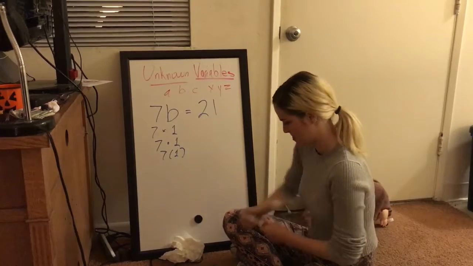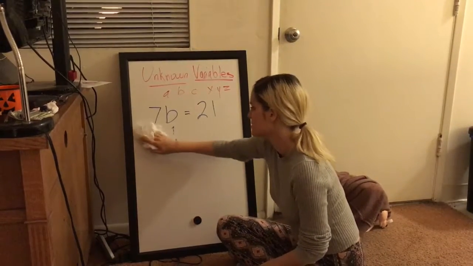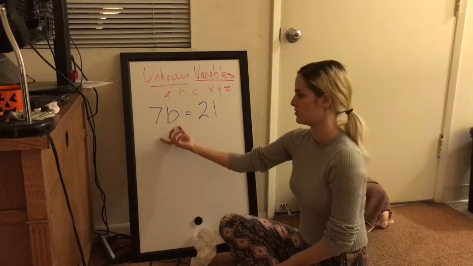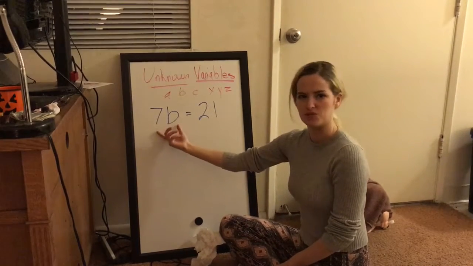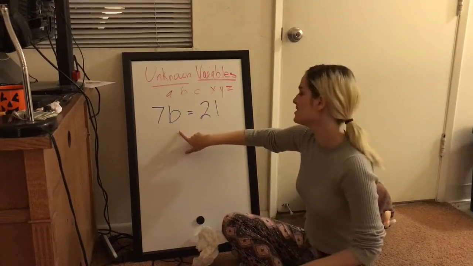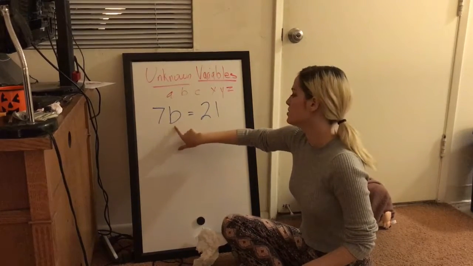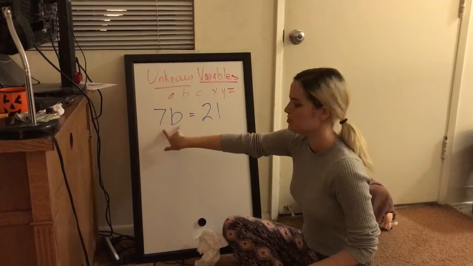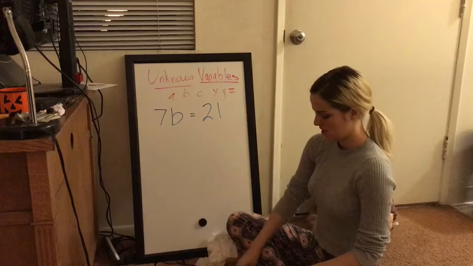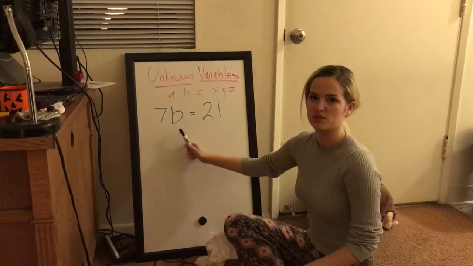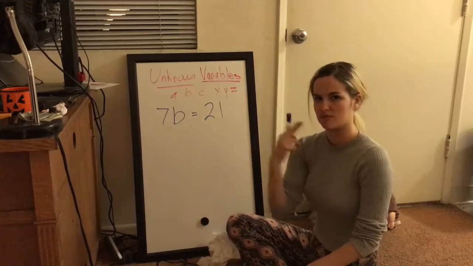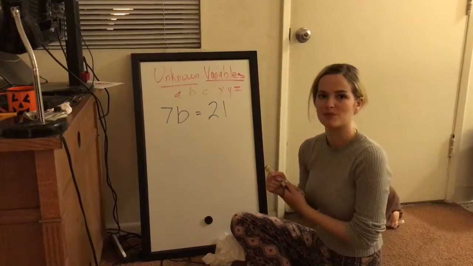But for letters, because they're not really workable and because they look different from the numbers, you can't really confuse them. So if this was a 1, for example, it's not, but let's just say it is, you would get confused because 7 times 1, is it 71? But because a letter is very clearly not a number, you can smush them together and keep them right next to each other. And that represents multiplication.